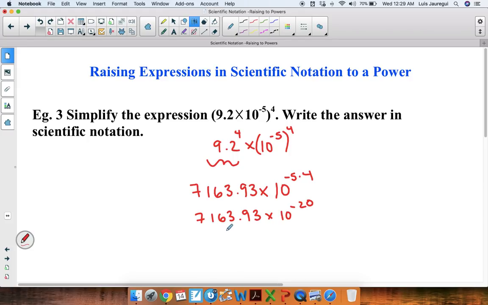However, this number is not in scientific notation yet. So what we're going to do is move the decimal point once, twice, and 3 times so we can get a number between 1 and 10. So this is 7.16393 times 10 to the 3rd times 10 to the negative 20th.